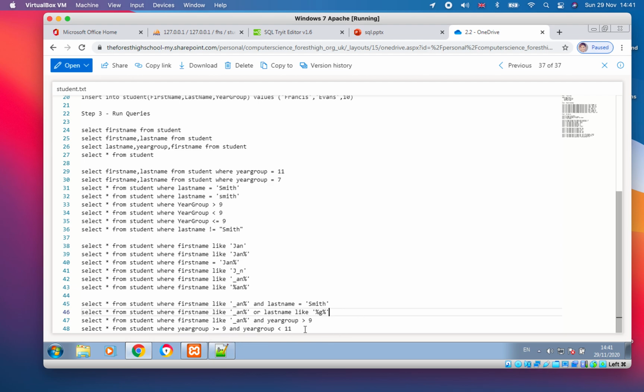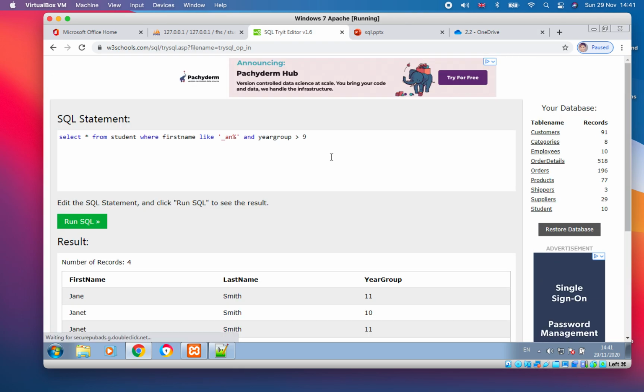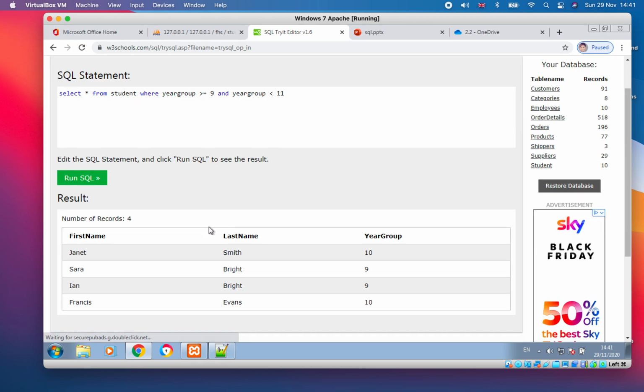So if the year group is greater or equal to 9 and the year group is less than 11, see what we get. There we go.